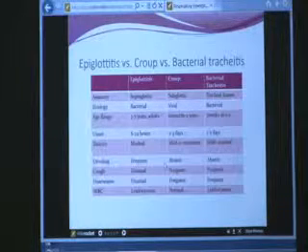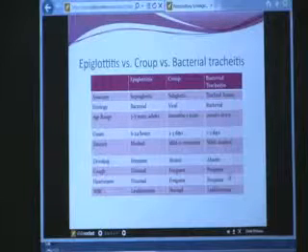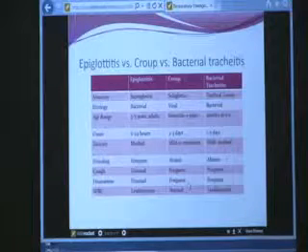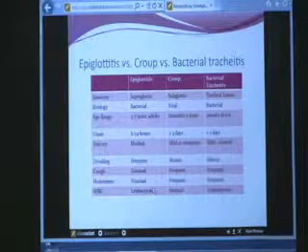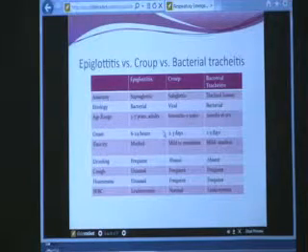Epiglottitis has drooling, whereas the other two don't. Cough usually goes along with croup and bacterial tracheitis, but not epiglottitis. You can see hoarseness with croup and bacterial tracheitis. And as far as the white cell count, it's elevated in epiglottitis and bacterial tracheitis, but not in croup.